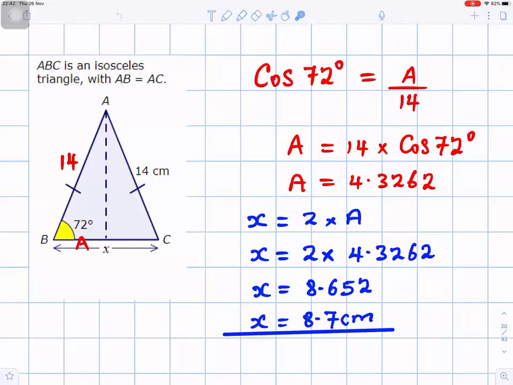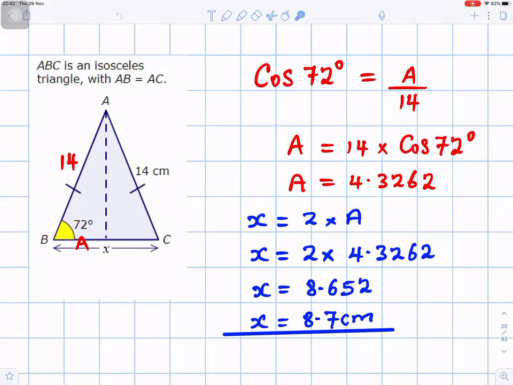So let's start with the isosceles triangle. AB is the same as AC. So 14 on the left, 14 on the right. This length x, you can divide into 2 with this bisector. So we can call this left side A and just leave the other right side. We can call it B or just leave it like that.